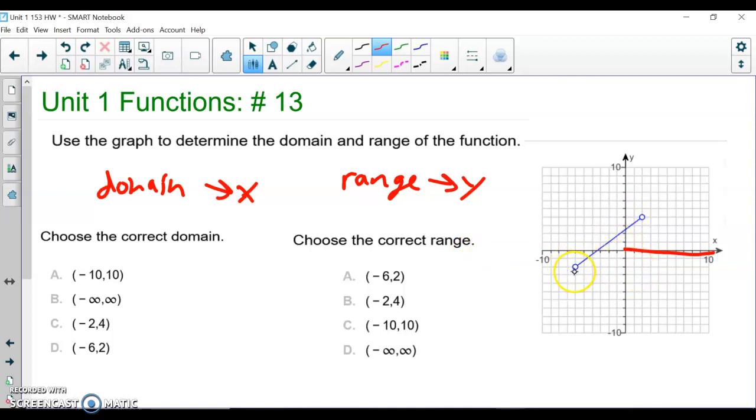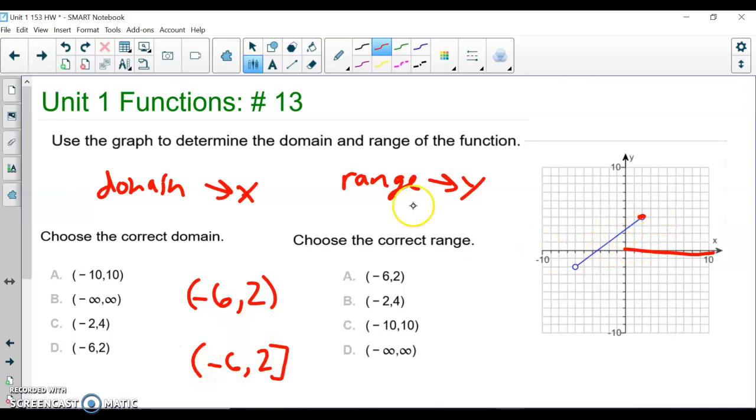You plug them in and they have a corresponding y value. So we're going to read this left to right. The smallest x value in this case is -6, so we can go as far as -6 to the left, and as we move right, we can go as far as 2. With interval notation, if this was a solid circle, we would use a bracket to indicate the point's included.